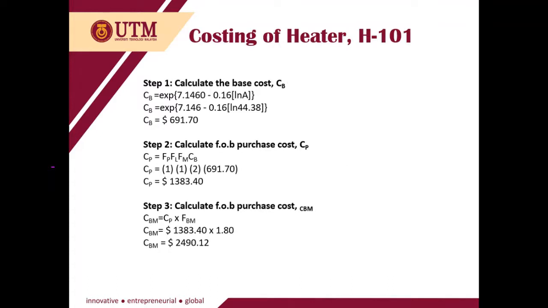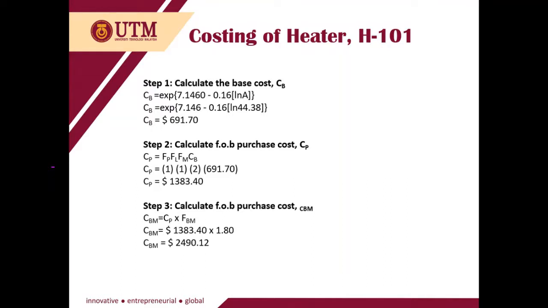Proceed to the costing of the heater on heater 101. First step, calculate the base cost CB. CB is around $600. Second step, calculate the purchase cost, which is around $1,300.